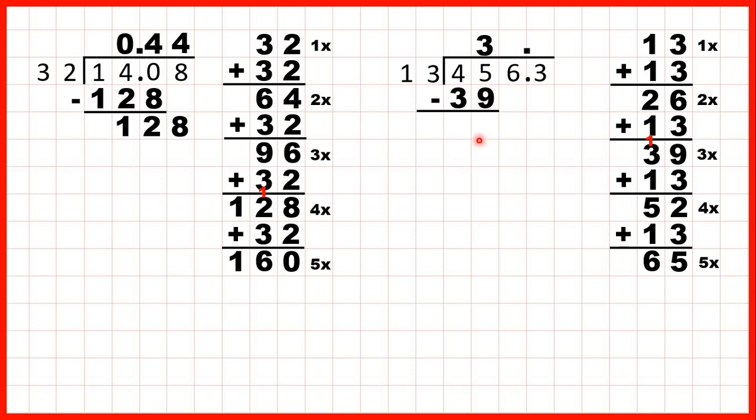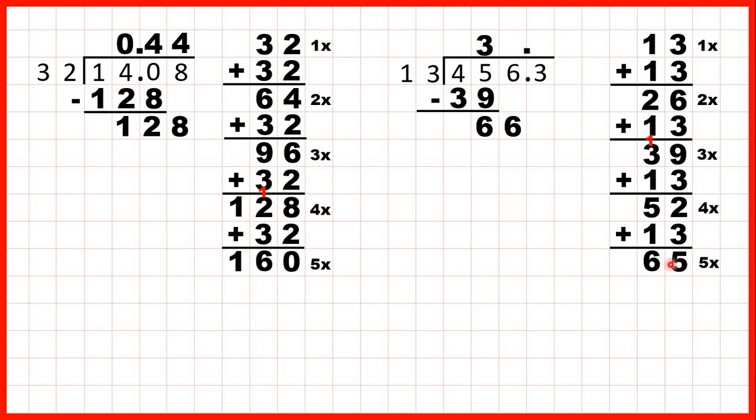So now we can subtract. 45 minus 39 is 6, and we can bring down the next digit. So bring down this 6. That means we need to divide 66 by 13. Now the closest number to 66 in the 13 times table, which is still less than 66, is 65.